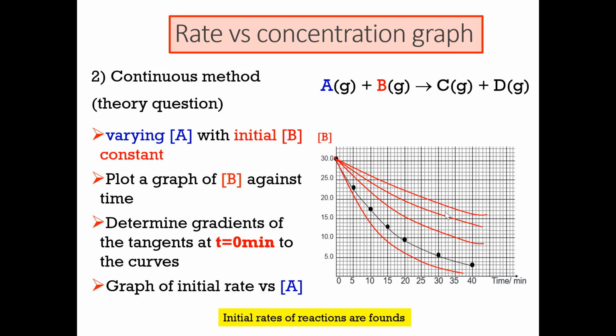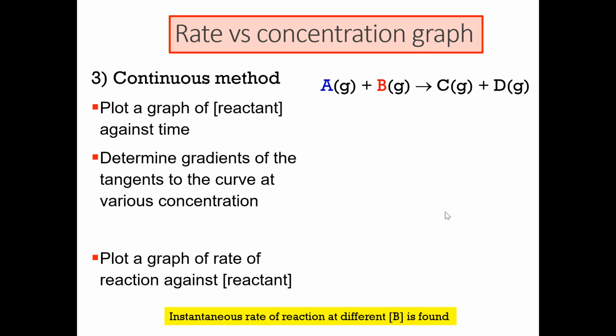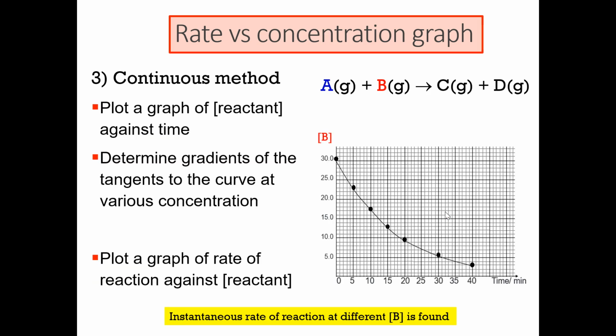Then we'll be able to have the graph of initial rates versus concentration of A. So when we plot a graph of reactant against time, determine the gradient of the tangent to the curve at various concentrations, where the gradient is directly proportional to the rate of reaction. So plotting a graph of rate of reaction against concentration of reactant is possible.